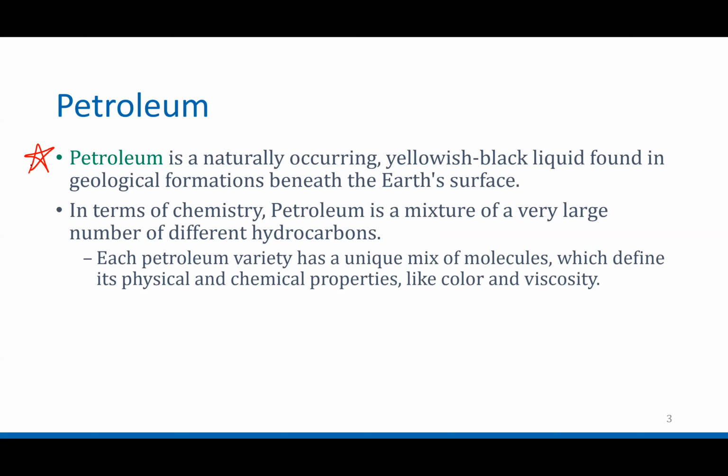The interesting thing about petroleum is each variety, depending on where you are getting the petroleum, has a unique mix of molecules. We'll talk about this in Unit 5. These molecules can help determine its physical and chemical properties, so how thick it is, the viscosity, the color, things like that.